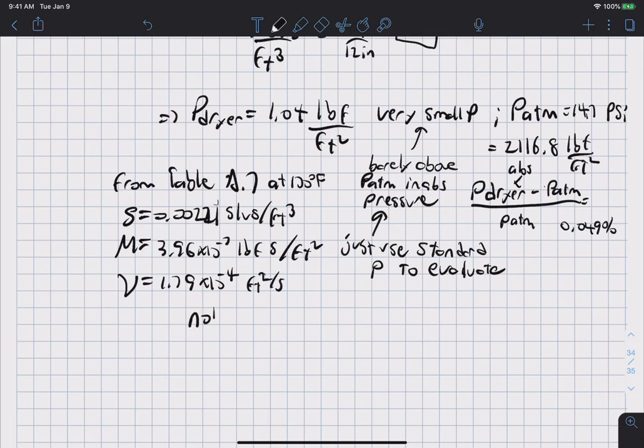And I'll just make a note, mu is a function of temperature only. Okay, so even if you were to account for a small pressure change, that would not change the viscosity.